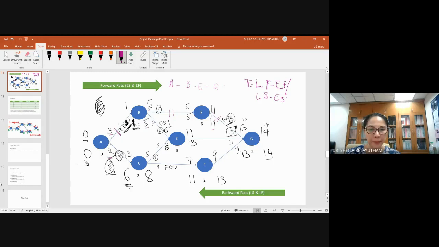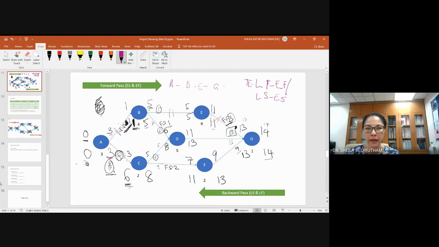For example, if you delay activity B, you're supposed to complete the early finish by 5, but you complete it by 6, 7, you will definitely change the project duration. So your total float shows you which activities you should emphasize on. It is critical, so you need to be careful, and these activities are where you need to monitor.